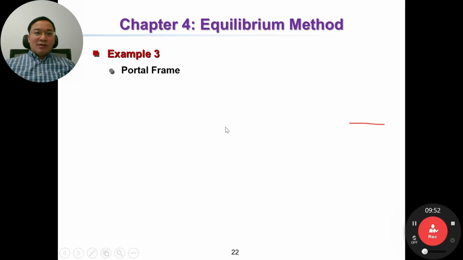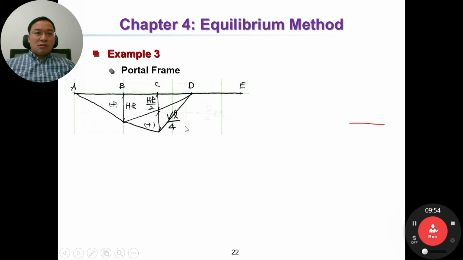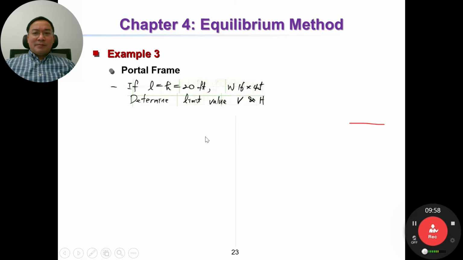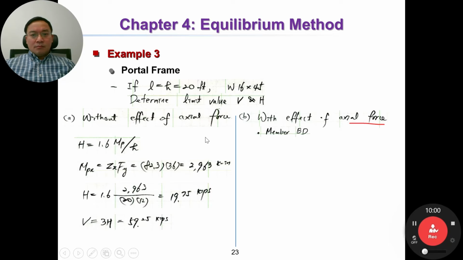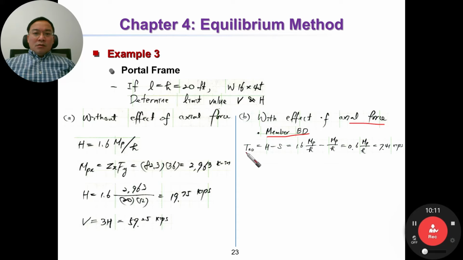So we have to calculate the load, the axial force inside the beam. This is tension. TBD equal to H minus S. It is the applied load, horizontal.